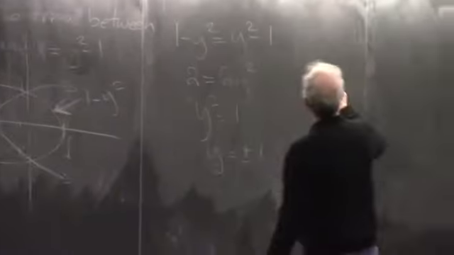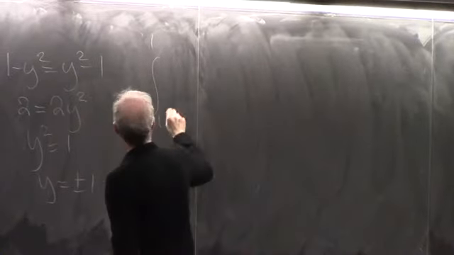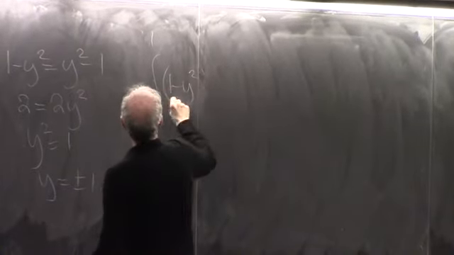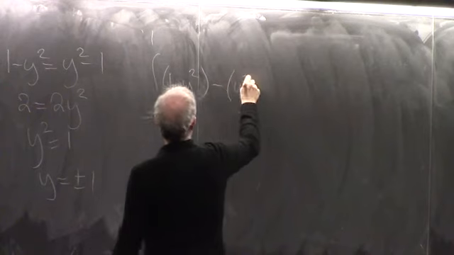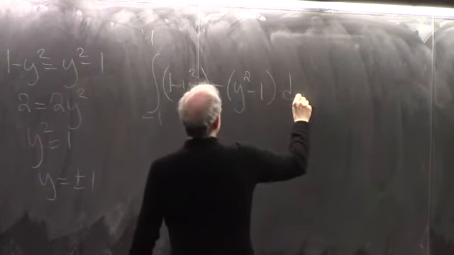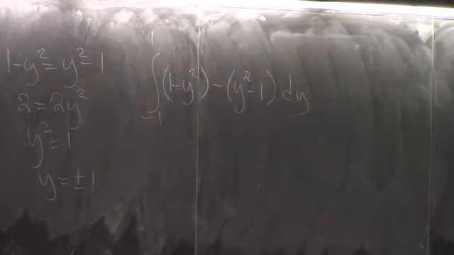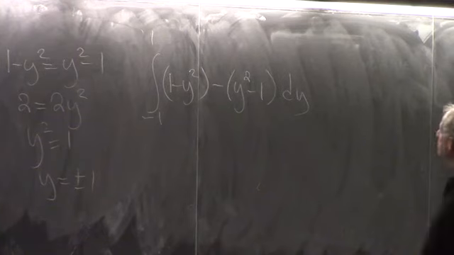So we would be integrating from minus 1 to 1, the right-hand curve, 1 minus y squared, minus the left-hand curve, y squared minus 1, dy. And by the way, if you did this and you got a negative number, you probably just did it backwards. You had your right and your left reversed.